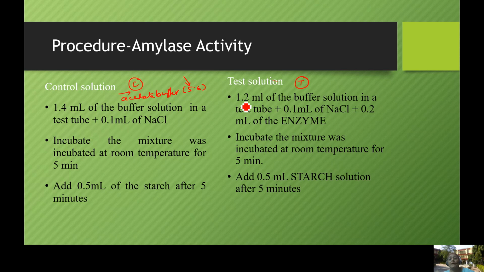In the test sample, you have to add 1.2 ml of the buffer, 0.1 ml of the 1% sodium chloride solution, and 0.2 ml of the enzyme. See, in the control, there is no enzyme. So your control, as I said earlier, is enzyme-less.